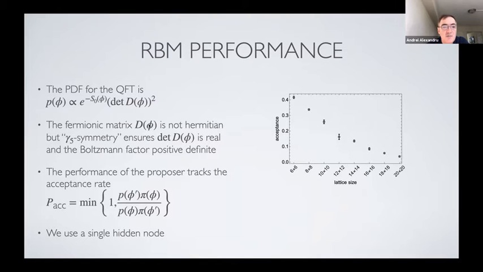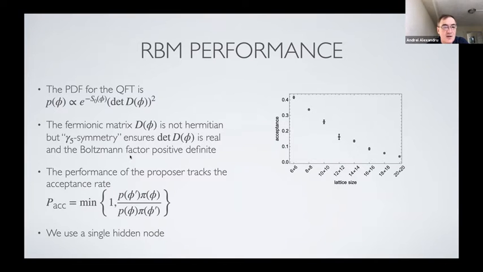The matrix is not Hermitian, but it has something akin to gamma 5 symmetry that ensures that the determinant is real. So the determinant squared is positive, real and positive definite. And what you do, of course, is use the RBM as a proposer, and then you do an accept-reject as a warm-up. We use an accept-reject where we don't use an estimator for the determinant.